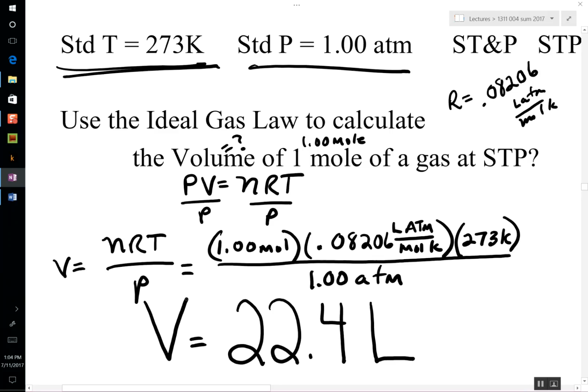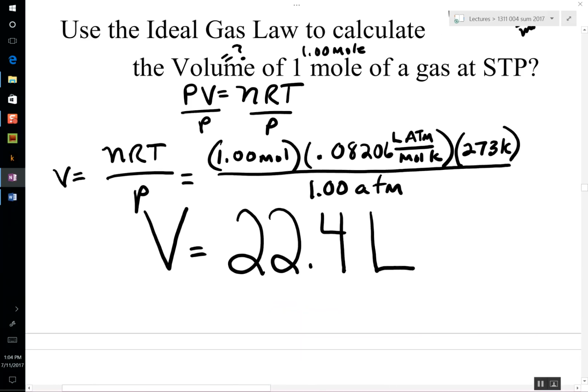Okay, this is not just a problem. This is an important little problem that I want to dwell on here for a minute. What gas are we talking about? Did it say what gas? Didn't say what gas. Actually, it's any ideal gas.